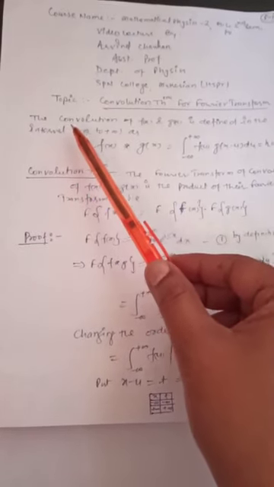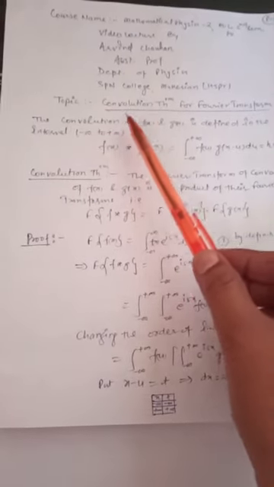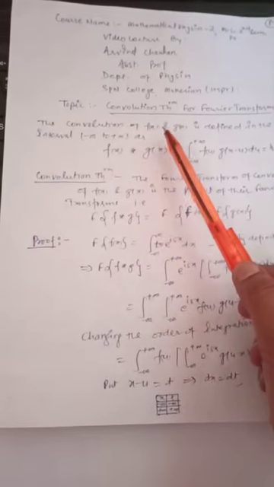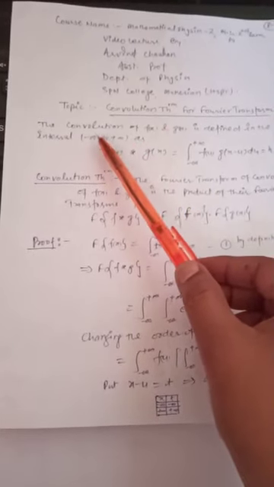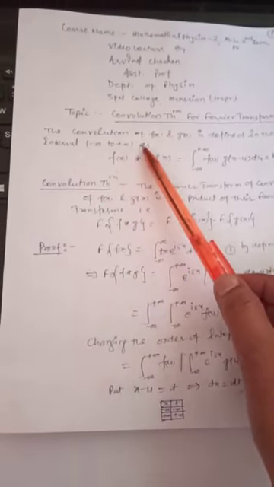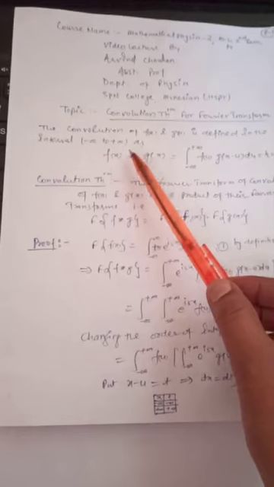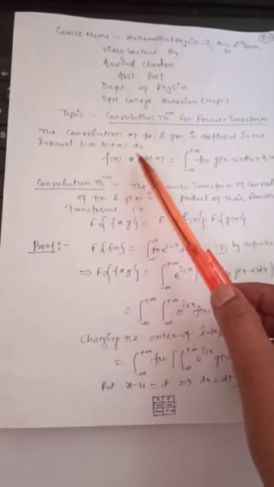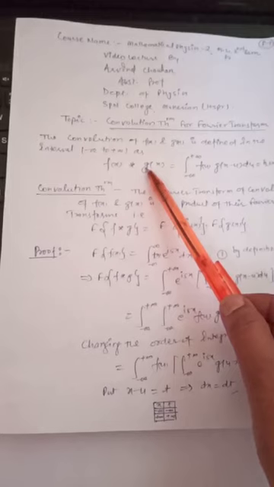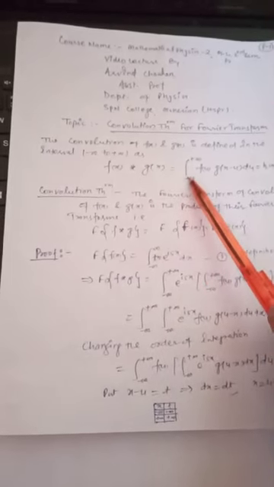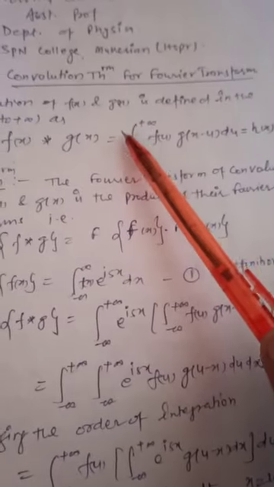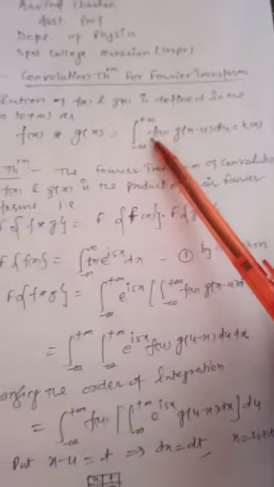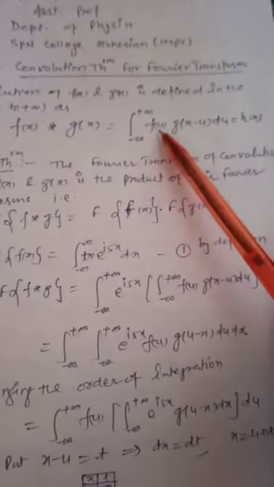Basically, the convolution of two functions, one f of x and another g of x, is defined in the interval from minus infinity to plus infinity in this form: f of x convolution g of x is equal to the integral from minus infinity to plus infinity of f of u g of x minus u du.